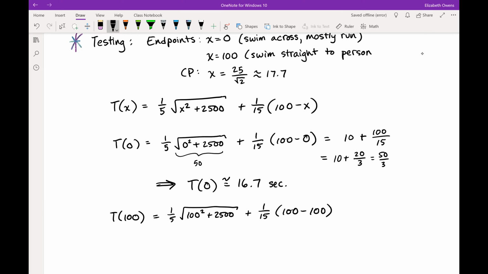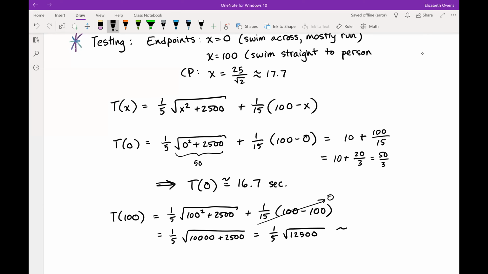So that second term is just going to be 0 and disappear on us. And so we'd have 1/5 square root of 10,000 plus 2,500, which would be 1/5 square root of 12,500.